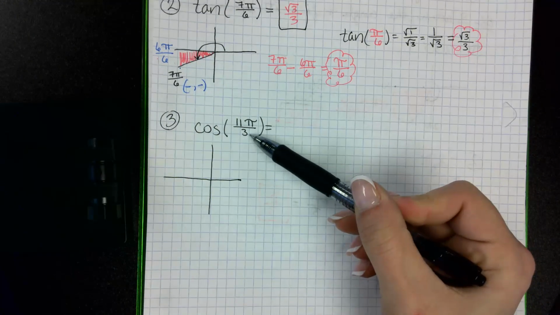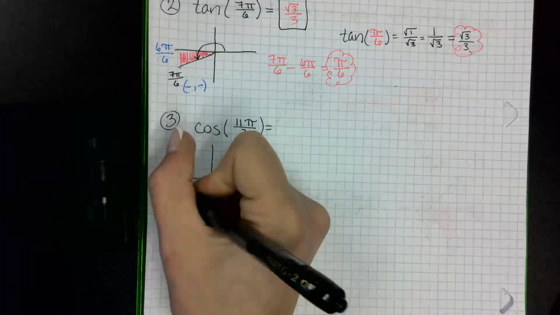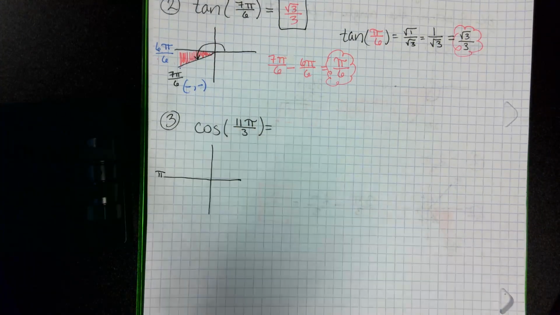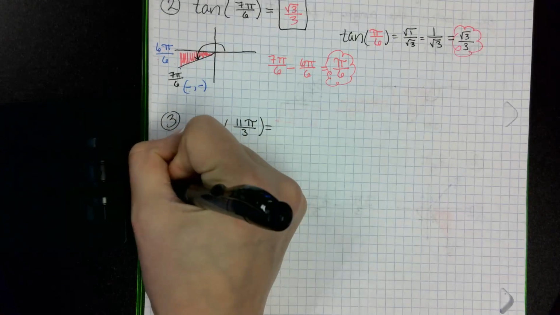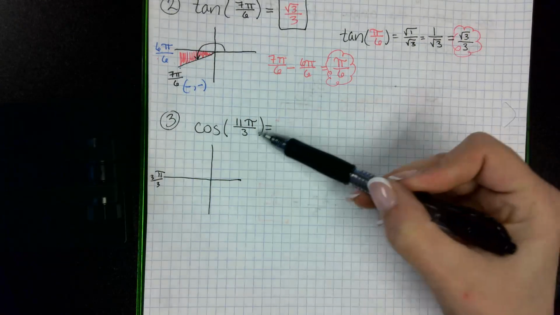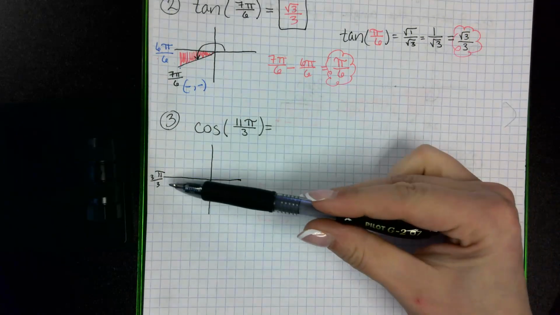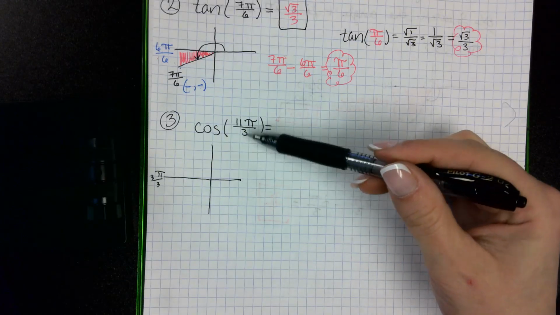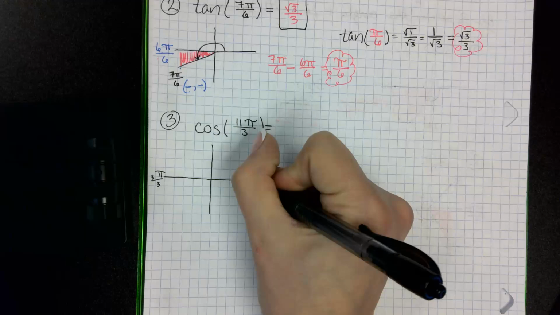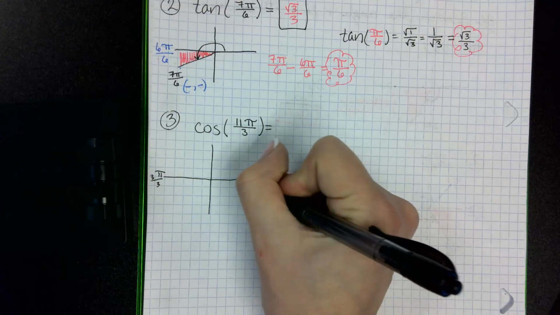Since my denominator's 3, I'm going to come over here and do pi, but I want to make it 3 pi over 3. Well, I have 11 pi over 3, so that's not enough. If I went all the way around the circle, that would be 2 pi, but with a denominator of 3, that would be 6 pi over 3.